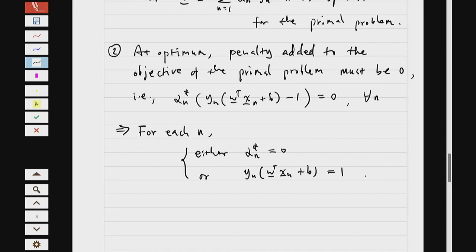Does this look familiar to you? Remember at the very beginning we asked, what happens if this is actually equal to 1? What's special about a data point that has this equal to 1? It sits right on the boundary of the margin. So either the data point sits right on the boundary, or alpha n has to be 0.